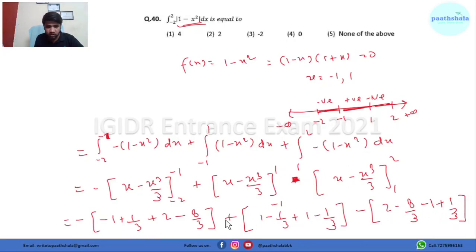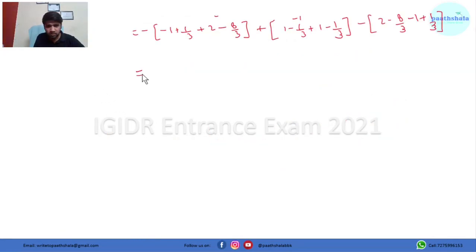Now we have to solve this expression. When we solve it further, this will come out to be plus 1 minus 1 by 3 minus 2 plus 8 by 3, and here it is plus 1 minus 1 by 3 plus 1 minus 1 by 3 minus 2 plus 8 by 3 and plus 1 minus 1 by 3.